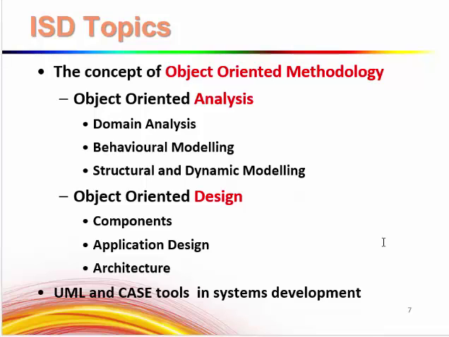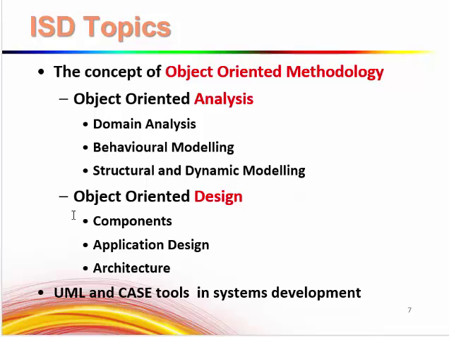The activities of the analysis phase include domain analysis on requirements of business, and modeling business behavior for business operations and procedures. You will further identify classes for structural and dynamic modeling to deliver conceptual modeling.